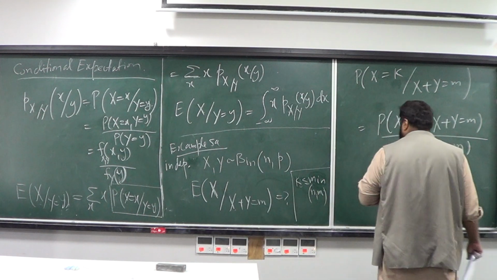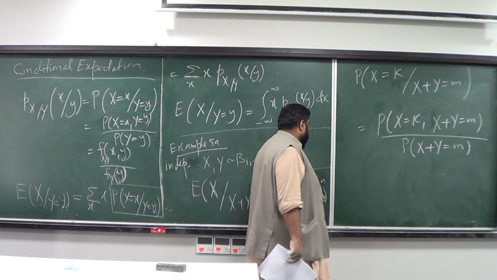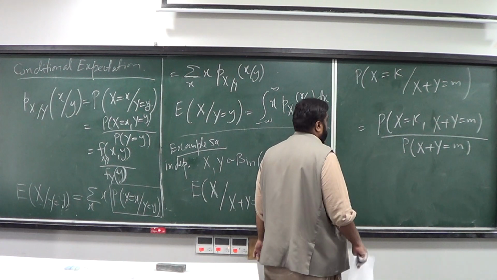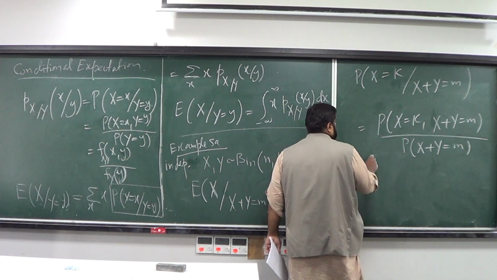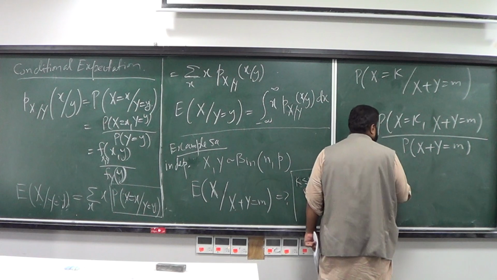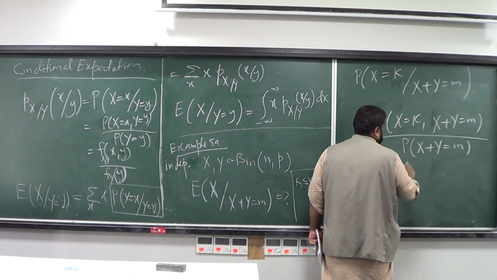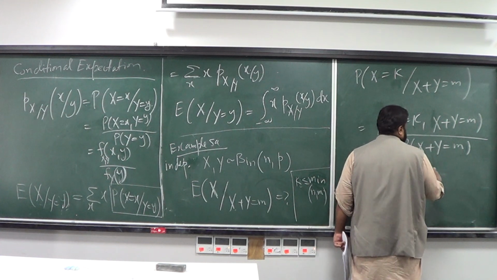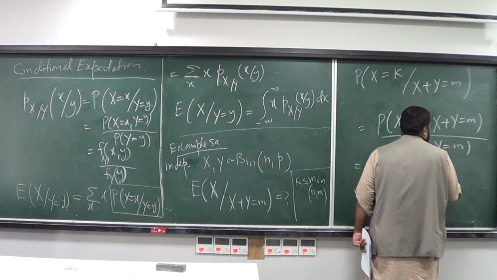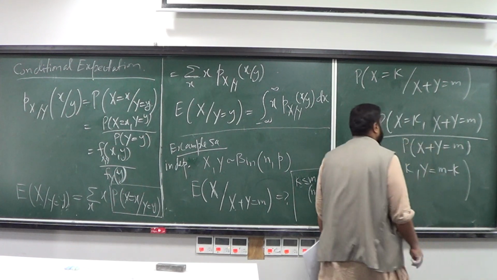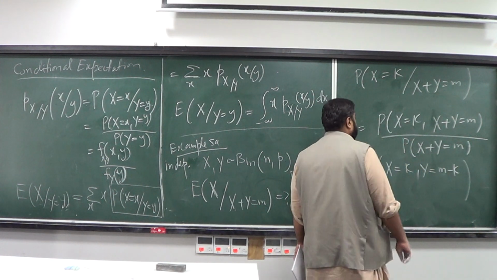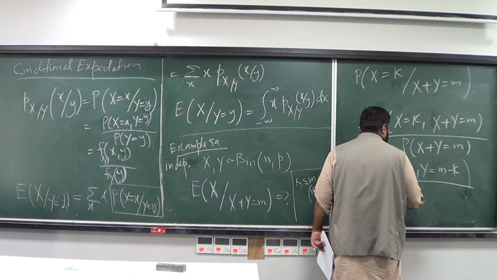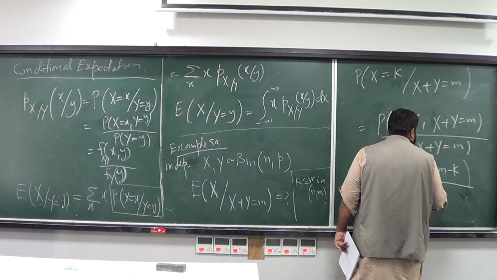Now why did we assume k is at most the minimum of n and m? Because we want to make sense of this probability. If X is k and X plus Y is m, then Y would be m minus k, everything divided by the probability of X plus Y equal to m.